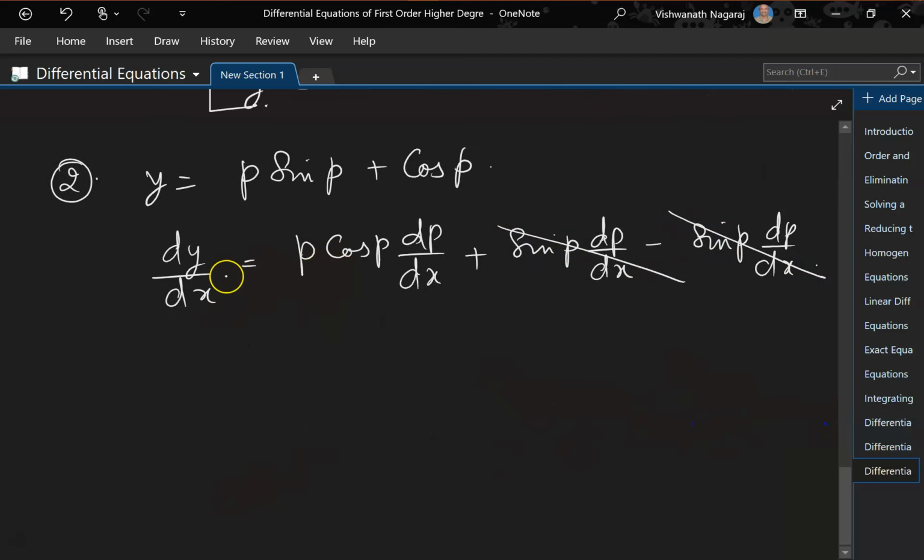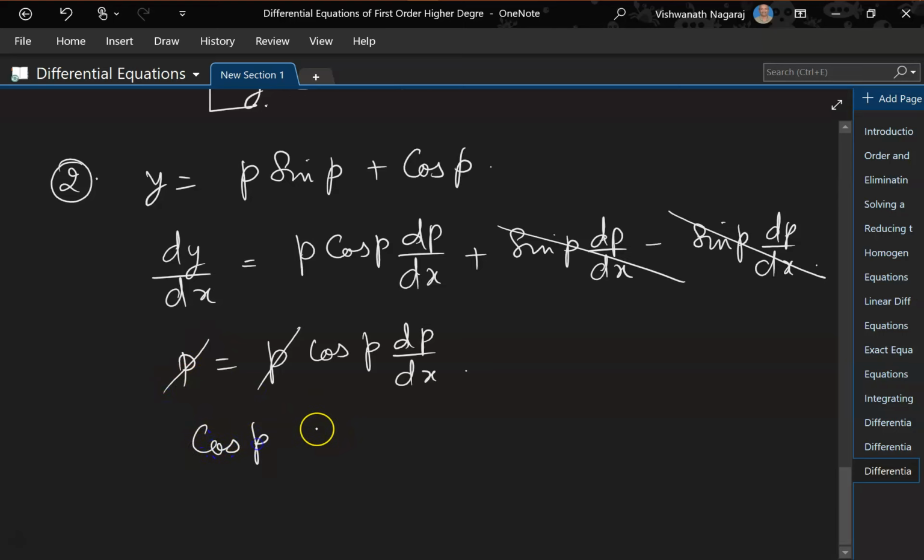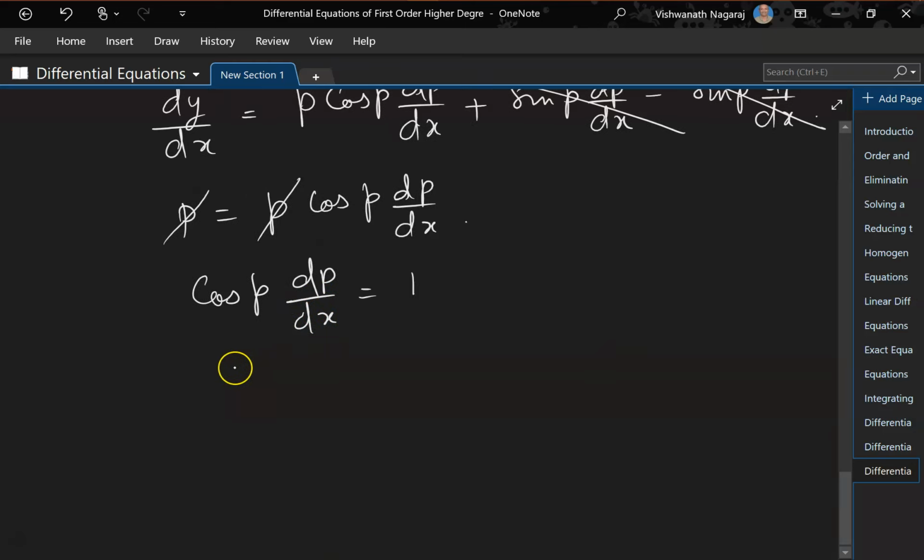Now let's move this around. This is nothing but p. So p cos p dp by dx. This p gets cancelled. So we have cos p dp by dx is equal to 1. Now let's separate out the variables.